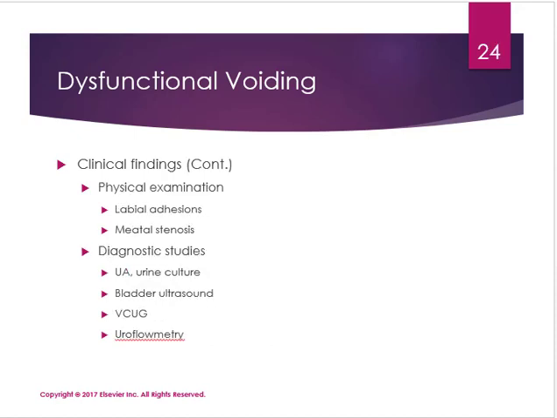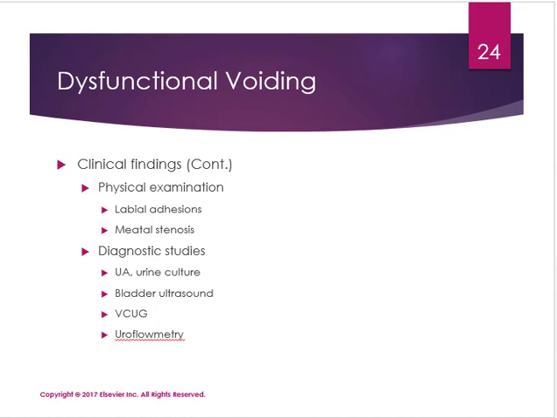It's important to do a physical exam, and on females to check for any labial adhesions, and in males to check for any meatal stenosis, which can deflect the stream when trying to void. Some diagnostic tests that you may do if there's concerns for UTI, you're going to start with a UA and a urine culture.